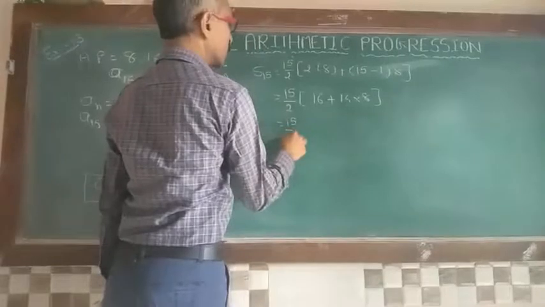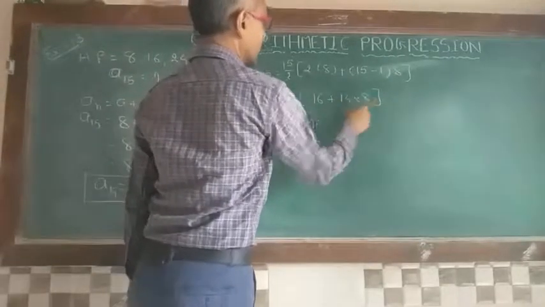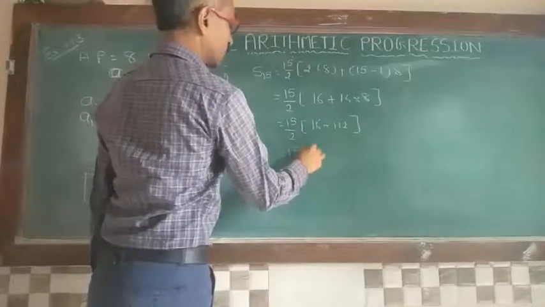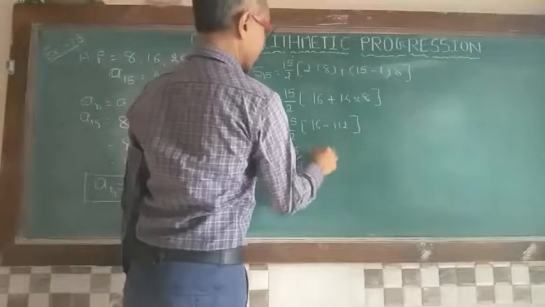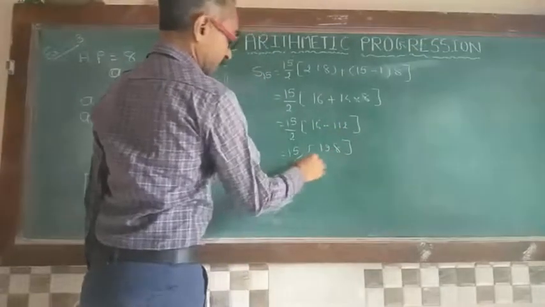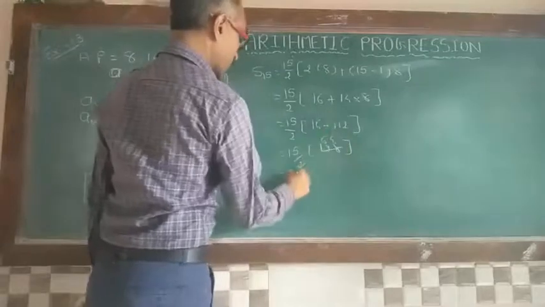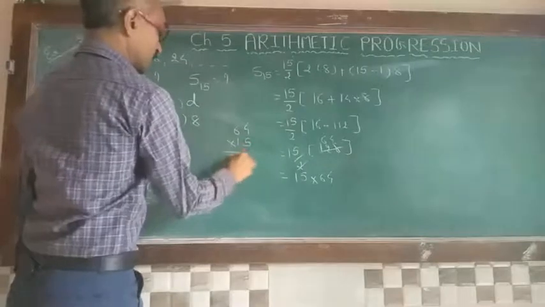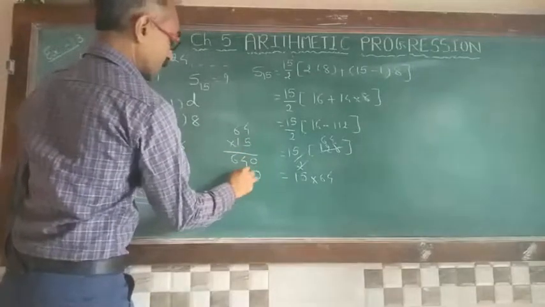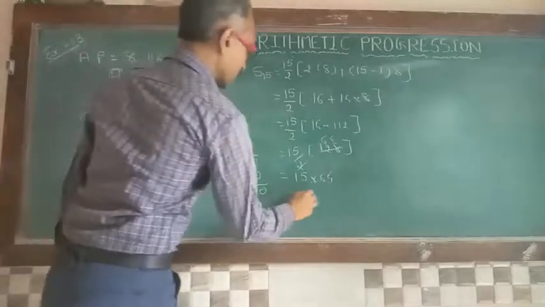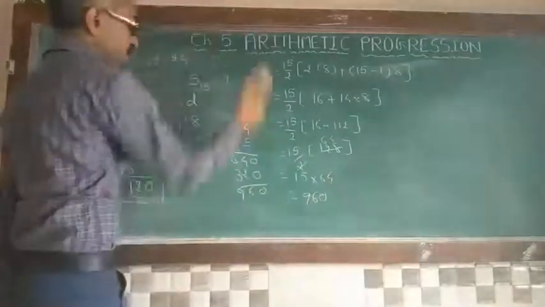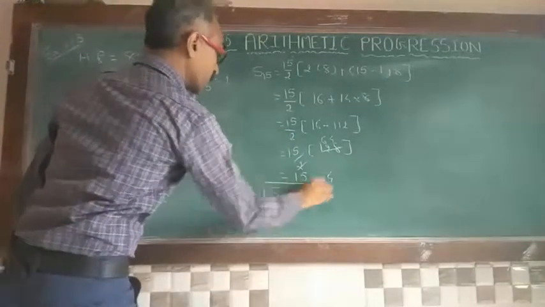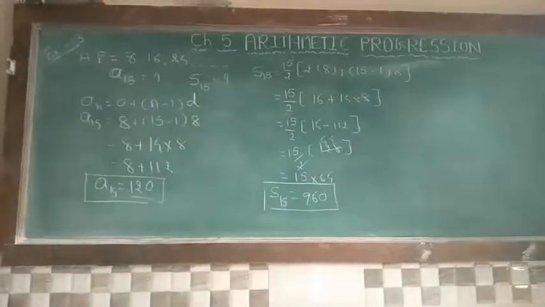That means 15/2, here 16 + 112 is 128. Cancel out here, so it is 64. So 15 × 64, that is 960. That means S15 is 960. The sum of the first 15 terms is 960.